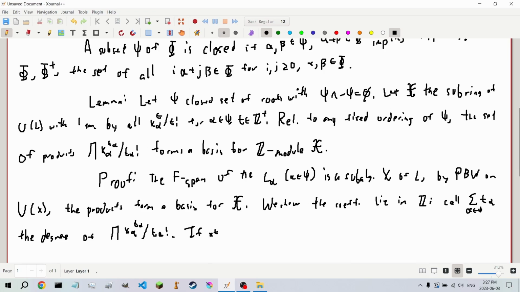If x in fancy X is non-scalar, x is c times the product of x alpha to the t alpha over t alpha factorial plus higher degree terms.